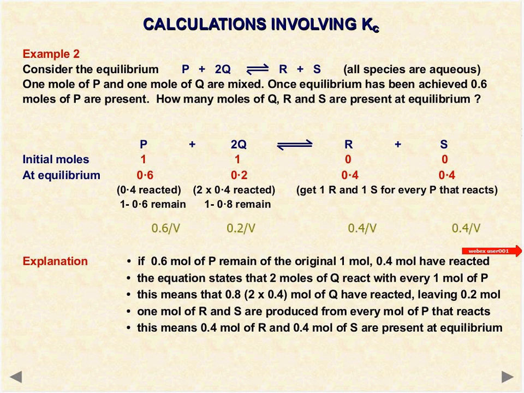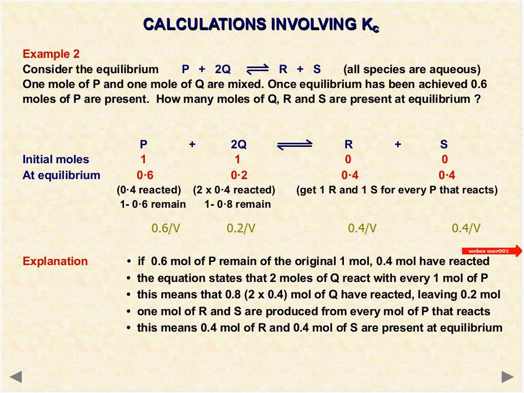So now my expression for Kc will become 0.4 divided by V, 0.4 divided by V, and this whole will be divided by 0.6 by V, and 0.2 by V, which is supposed to be raised to the power 2, right? Can you get this?